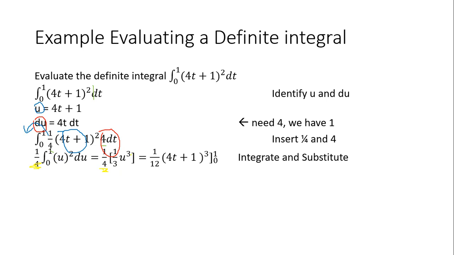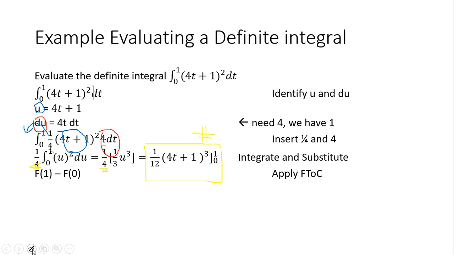So I have 1/3 u cubed, which is my simple power rule, and then that's going to be equal to 1/4 times a third, (4t plus 1) cubed, from 0 to 1. Okay, so now what I'm going to be doing is, this is a number. Okay, this is a number. Okay, so just be aware of that.